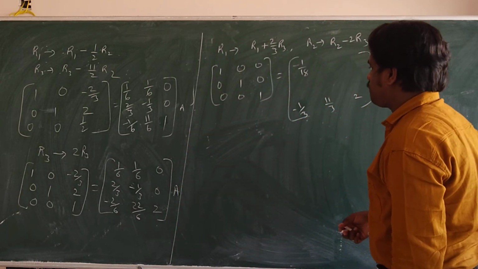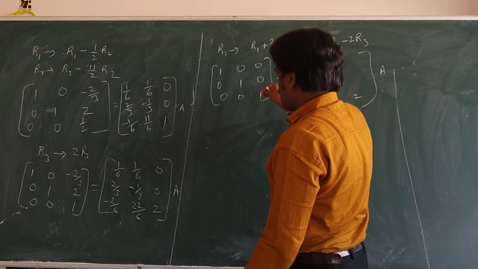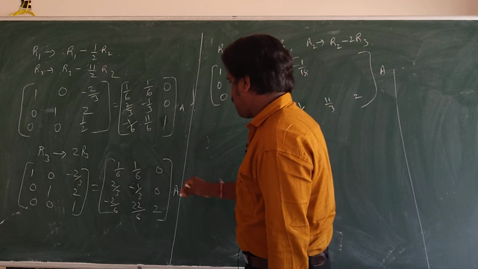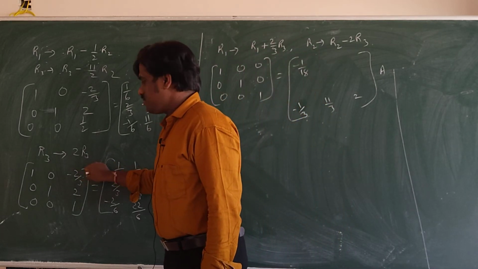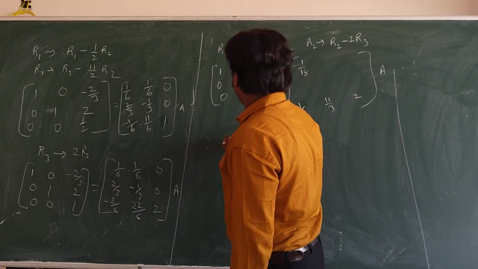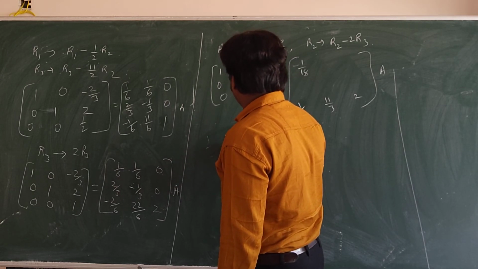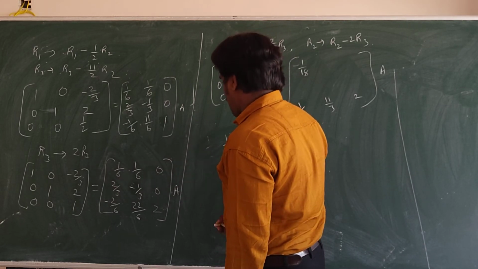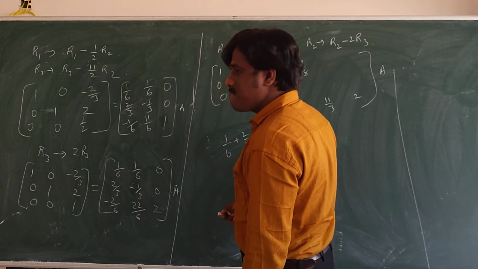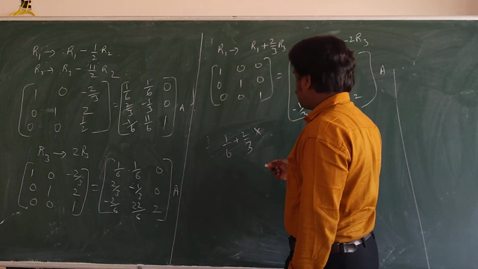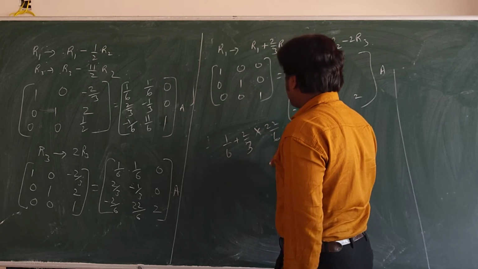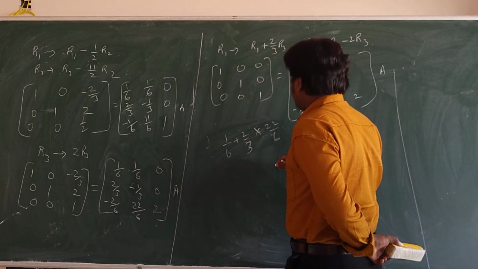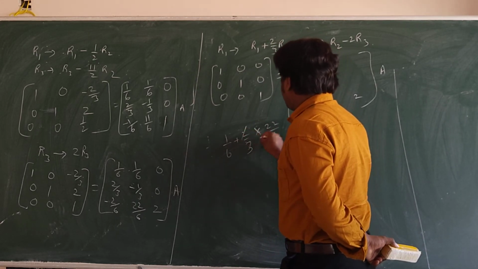Next is what? Next, here. R1. Where is R1? This one. 1 by 6 plus 2 by 3 into R3. 22 by 6. Right, okay. So 2 ones, 2 threes cancel.